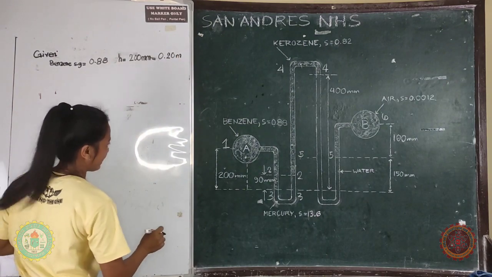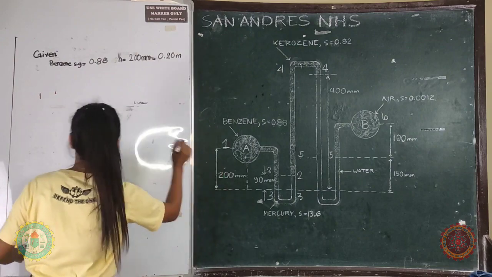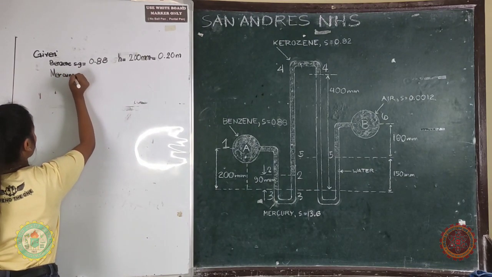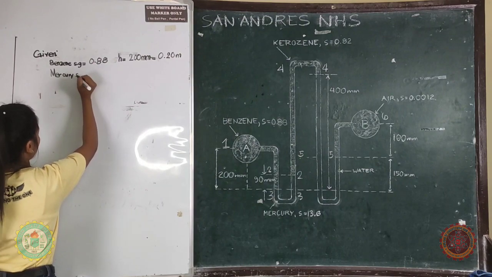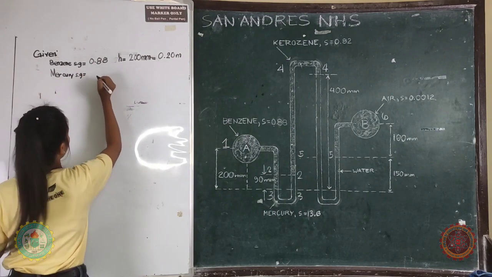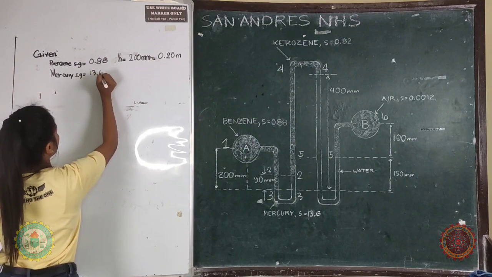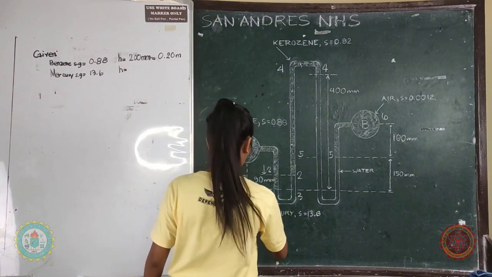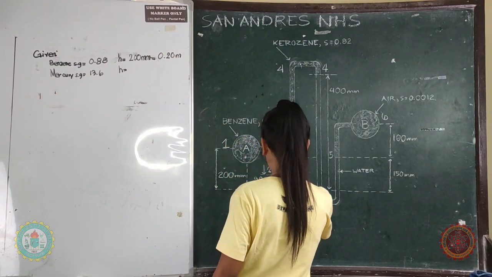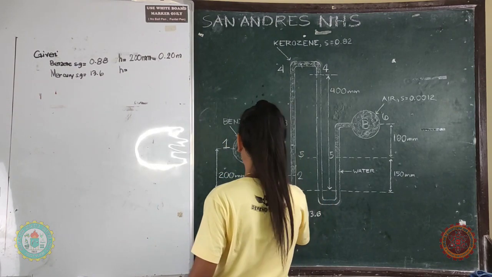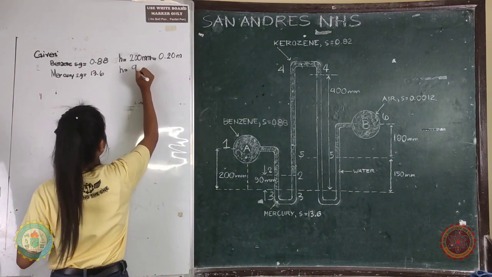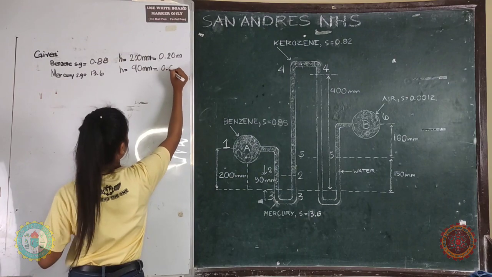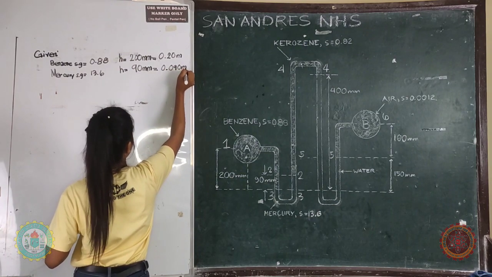Then the second fluid is mercury. It has a specific gravity of 13.6. Then its height is 90 mm, converted to meters, equal to 0.090 m.